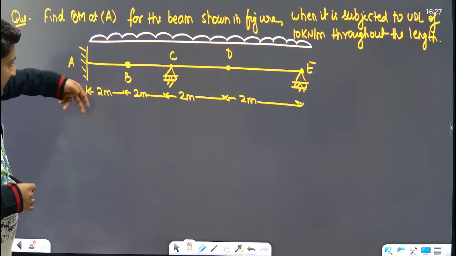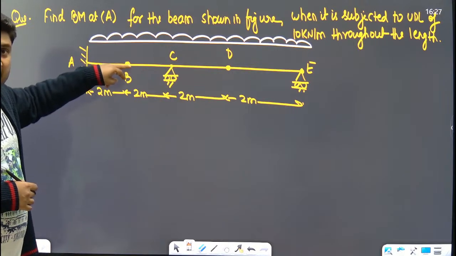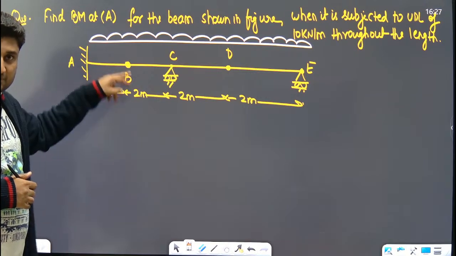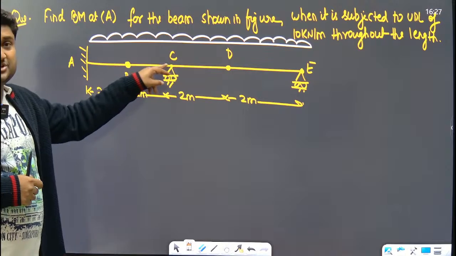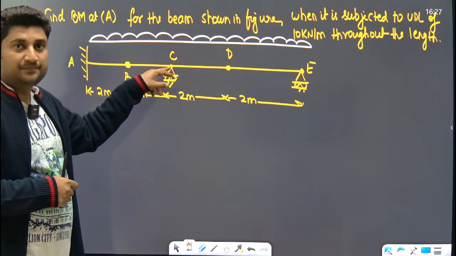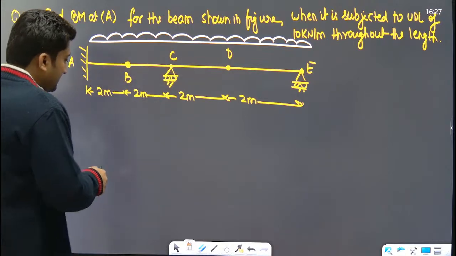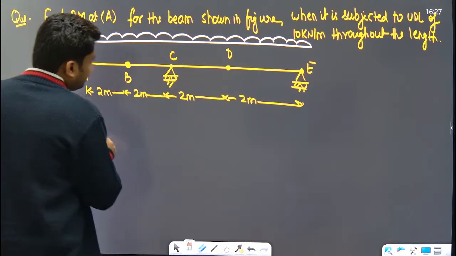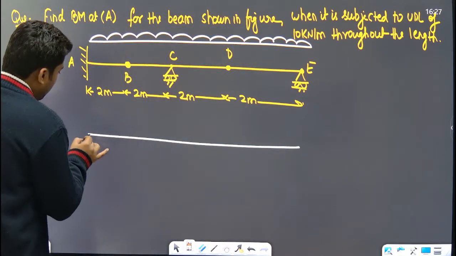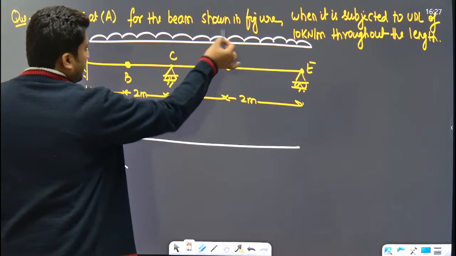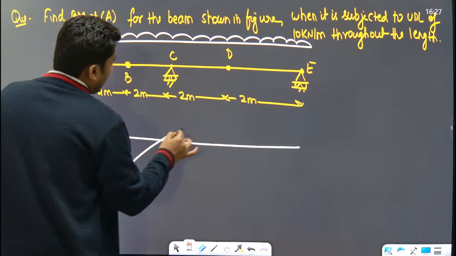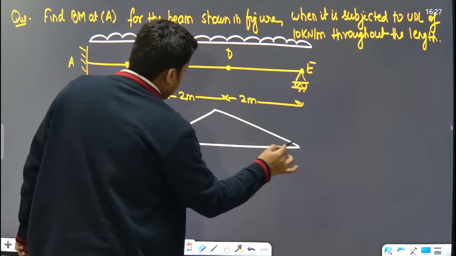Now if you rotate it by 1 unit, this internal hinge will also be rotated, and this is also a hinge. A roller support is also a hinge. What will be the deflected shape? This much, and this will go upward, and this will come this way.